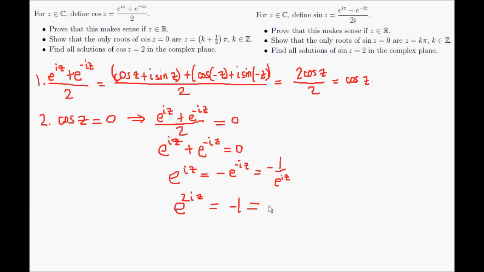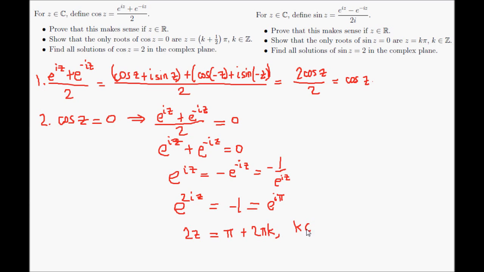And we recall that negative 1 is the same thing as e to the i pi. So we have two complex numbers that are supposed to be equal to each other. The only way that happens is if 2z is equal to pi plus 2 pi k, where k is an integer.